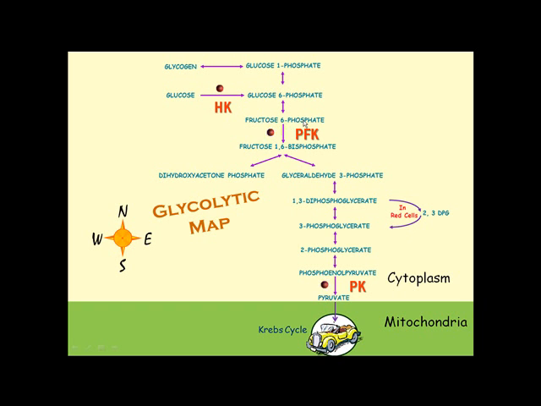So hexokinase converts glucose to glucose 6-phosphate. Fructose 6-phosphate is acted upon by phosphofructokinase, and we make fructose 1,6-bisphosphate. Finally, the last enzyme of glycolysis is pyruvate kinase that converts phosphoenol pyruvate to pyruvate.